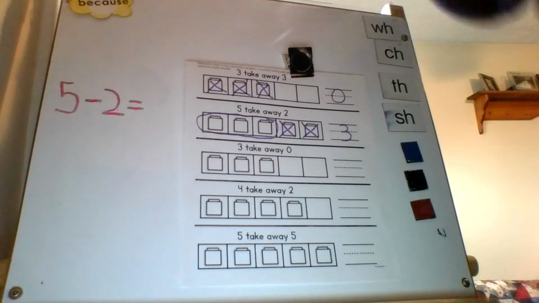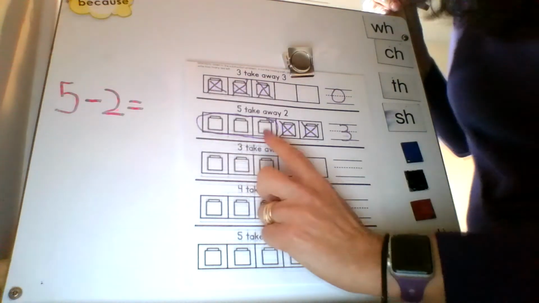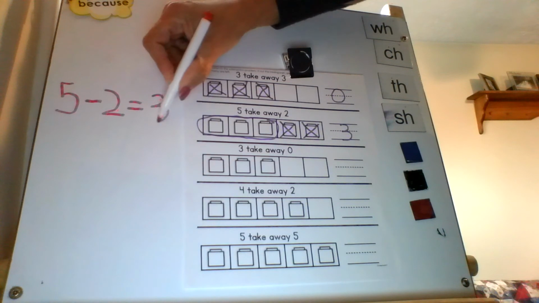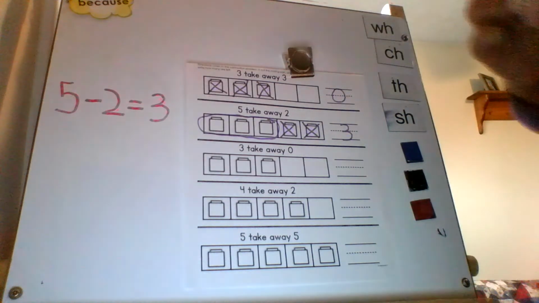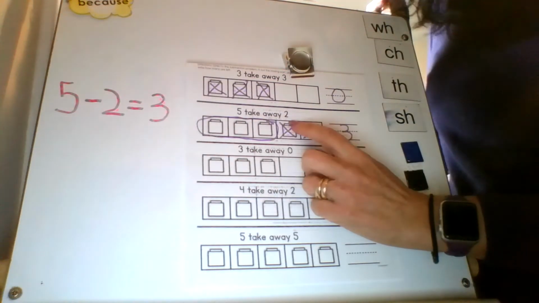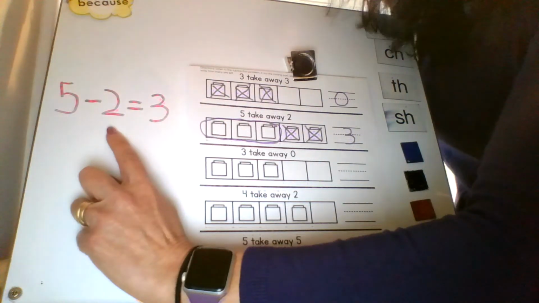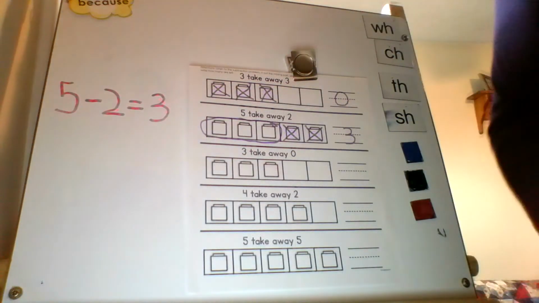Equals, and so how many do we have left? 1, 2, 3. So the equation or number sentence for this problem, 5 take away 2 would be 5 minus 2 equals 3. Nice.